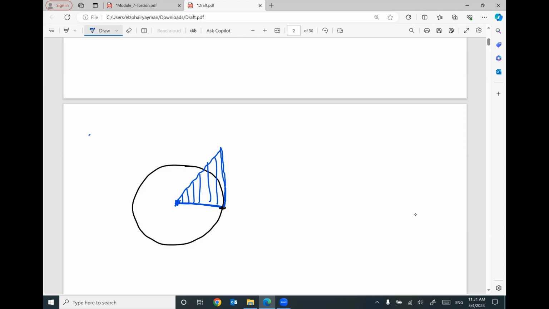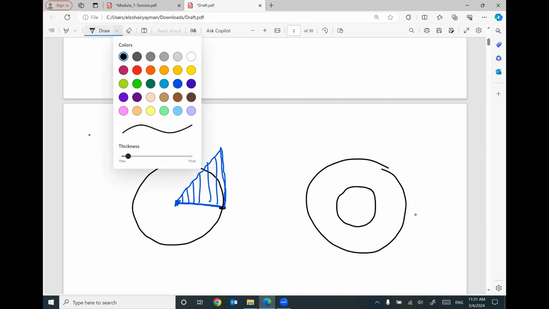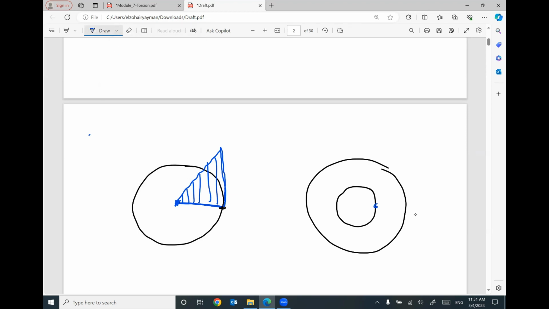That makes sense? If we have a hollow cross section, that means we don't have material inside. So we will have this one and this one. This is the center. So I will have a small value here and a maximum value here. In between, we will have a linear distribution.